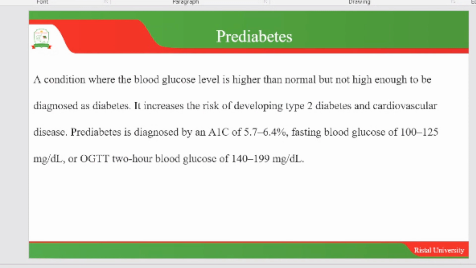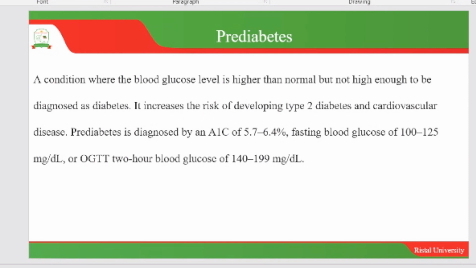Then the oral glucose tolerance test, which is done 2 hours after the person has been given oral glucose, can read between 140 to 199 milligrams per deciliter. If it reads 200 milligrams per deciliter, it means that this person is diabetic. So if it is in this range, it means that the person is in pre-diabetes.